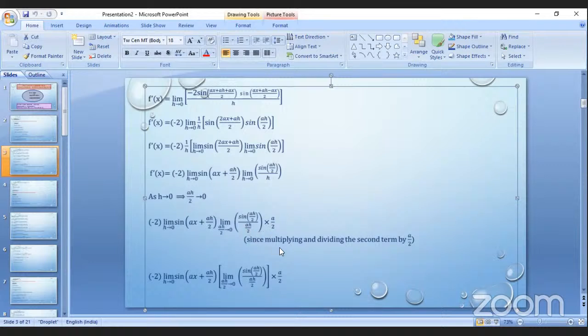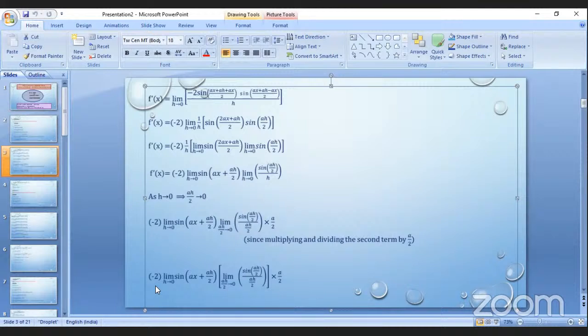Since we multiply and divide the second term by a by 2, here h is there, so multiply and divide with a by 2, a by 2 by a by 2.